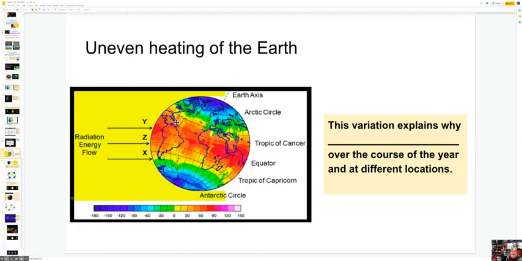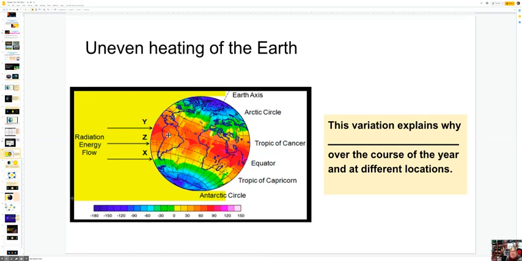Kids, depending on the tilt that the earth is having at that time, it's going to determine who gets hit most directly. And so kids, they're going to have the most daylight, and they're going to have the hottest temperatures.